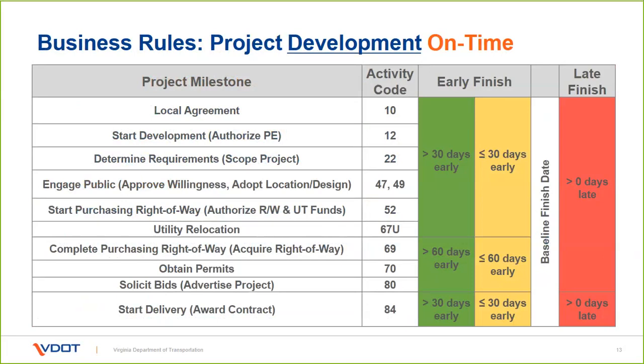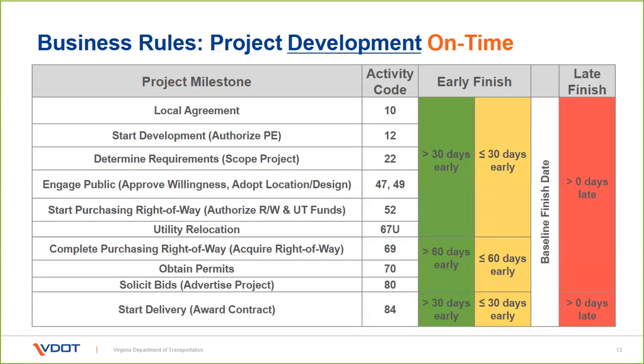Those 30 or 60 days were based on the different activities and how much time it would take to provide an adequate warning track to finish it up. If you see 60 days on complete purchase of right-of-way, obtain permits, and advertisement, there's a little bit longer warning track there, just to raise awareness if things aren't happening, and give us more time to get it out the door.